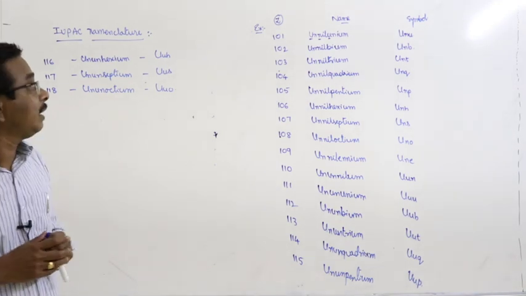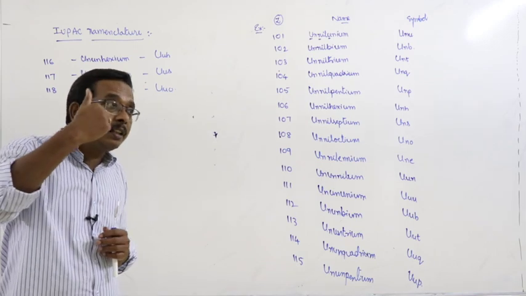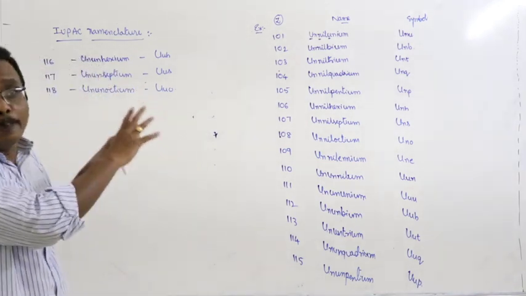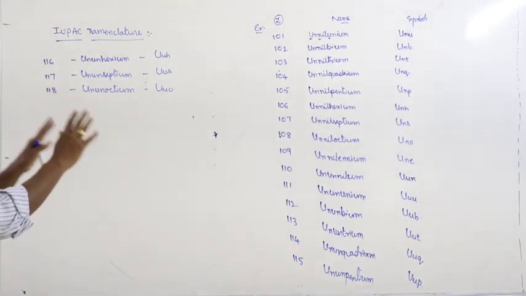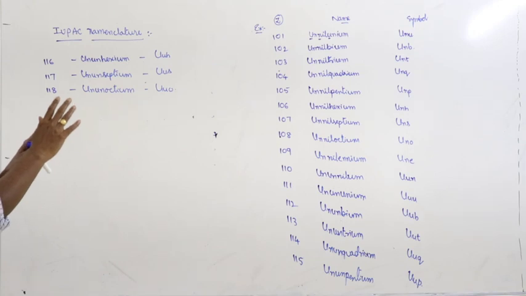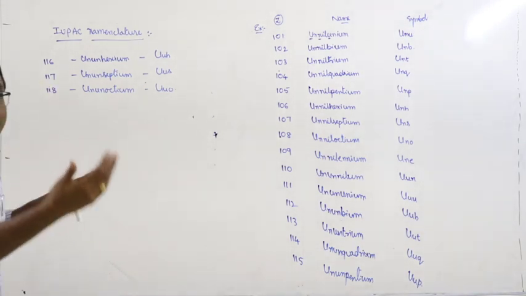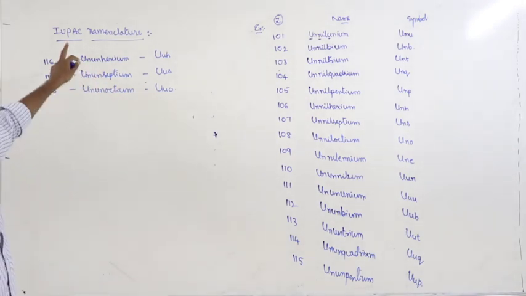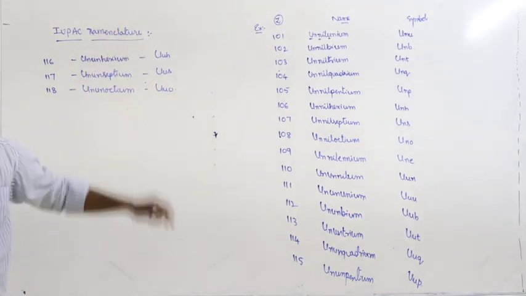As a result, for recognition or identification throughout the world, IUPAC was given a system of nomenclature for the naming of unknown elements, meaning elements that are discovered but the names had to be given. This is about the concept of IUPAC nomenclature of elements.